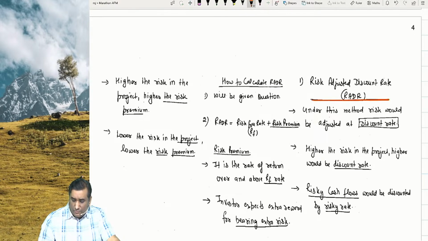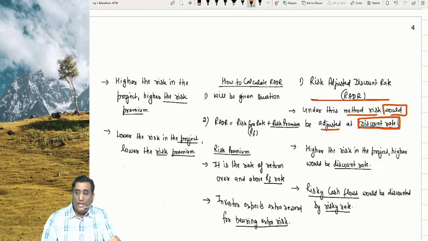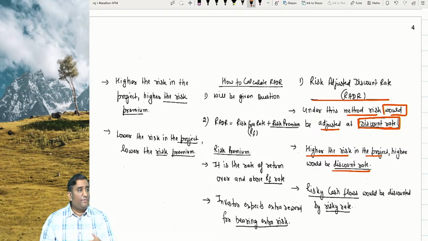Risk adjusted discount rate. Under this method, risk would be adjusted in the discount rate. That means whatever the level of risk, adjust it in the discount rate. The higher the risk in the project, the higher would be the discount rate, because we say higher the risk, higher the return expected.